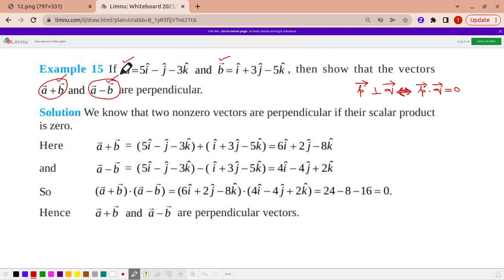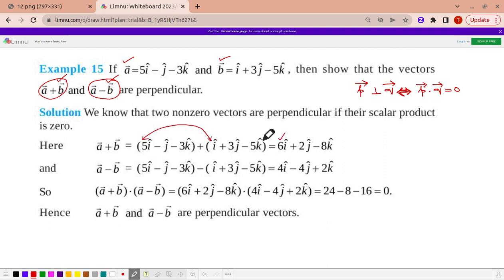Now as the vectors A and B are given in the component form, it is quite simple to find the addition and the difference of these two vectors. So when A is given as 5 I cap minus j cap minus 3 k cap, and B vector is given as I cap plus 3 j cap minus 5 k cap, obviously A plus B is equal to the addition of their corresponding I cap components, that is 5 plus 1, that is equal to 6.